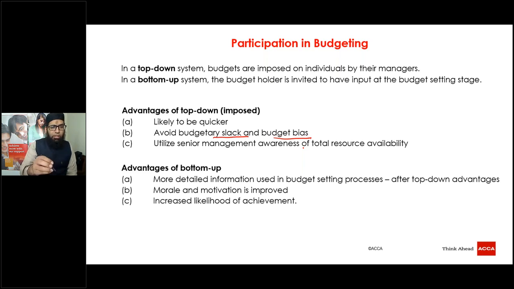And in such a way, there are chances that your resources will be utilized more efficiently and effectively. This is because senior management is more aware of the resource availability, and they are more clear about the objectives as well. But there are a few advantages of bottom-up as well, which by the way are the disadvantages of top-down.